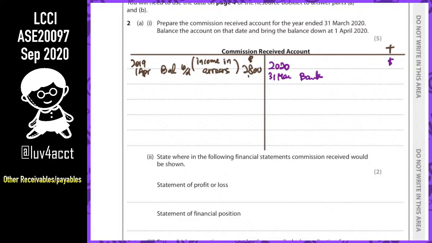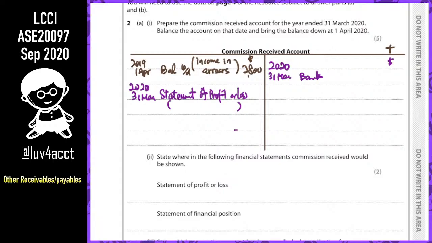And then we have on the same day, we have to see how much we will transfer to the statement of profit or loss. Here I give some space for calculations. And then we would have a closing balance, because in the first page of the question, it asks you to calculate the balance.